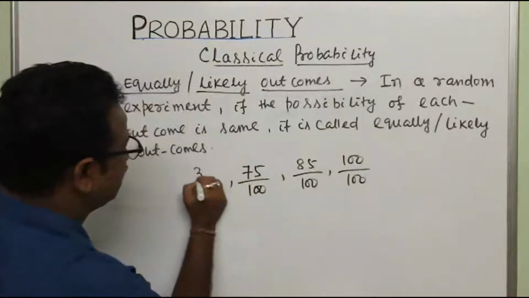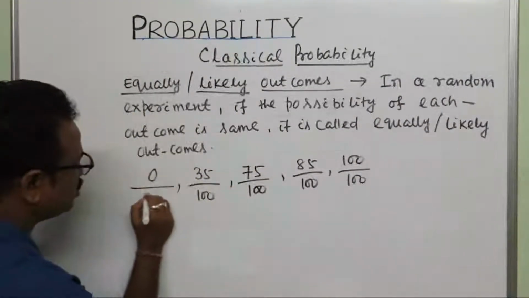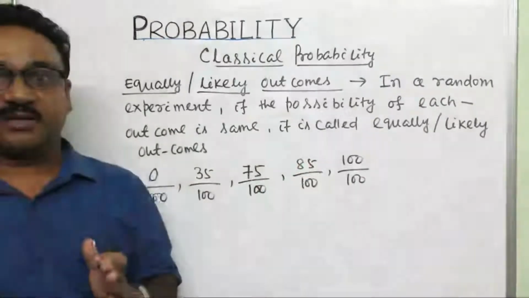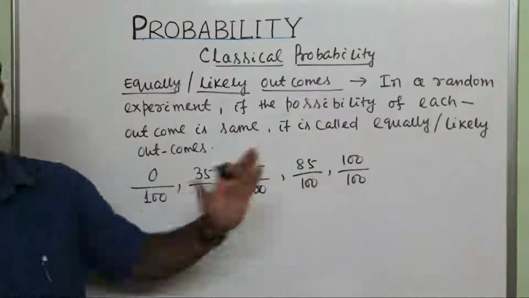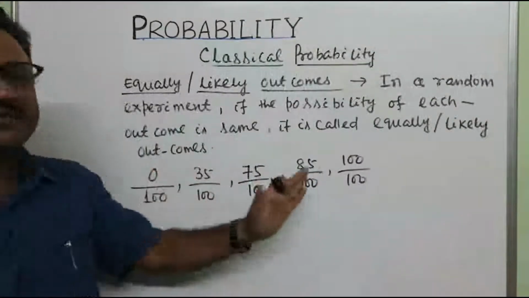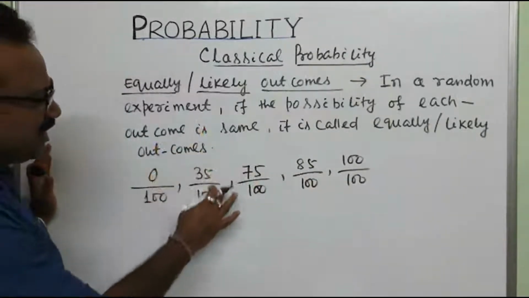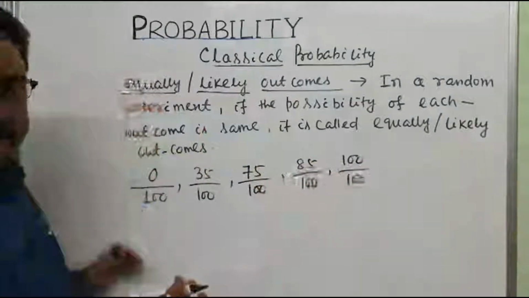Somebody secured 35 out of 100. One student secured 0 out of 100 also. These are the marks obtained by different students: 0 by 100, 35 by 100, 75 by 100, 85 by 100, 100 by 100.